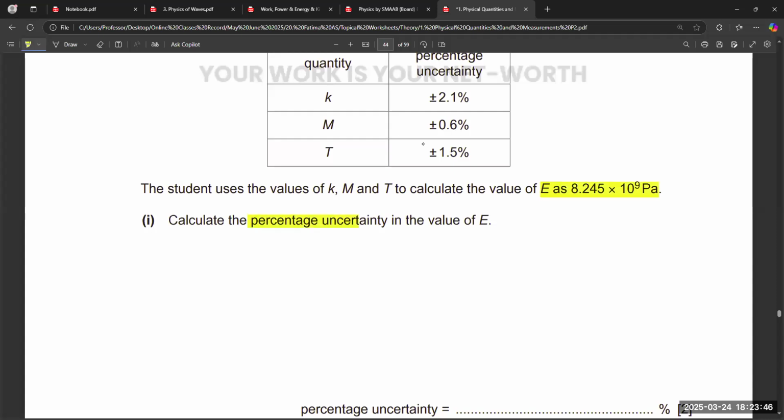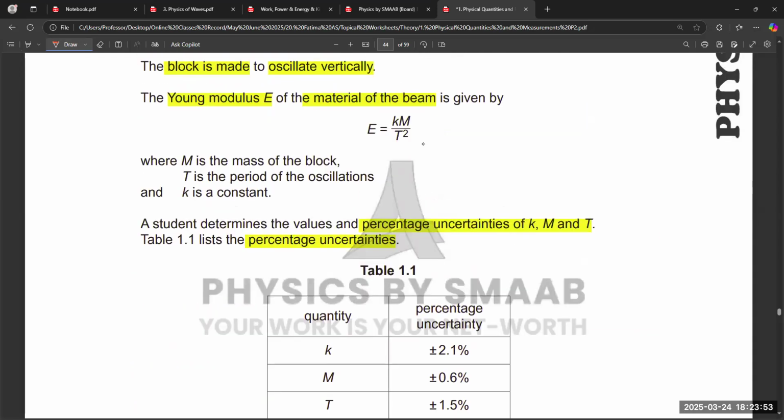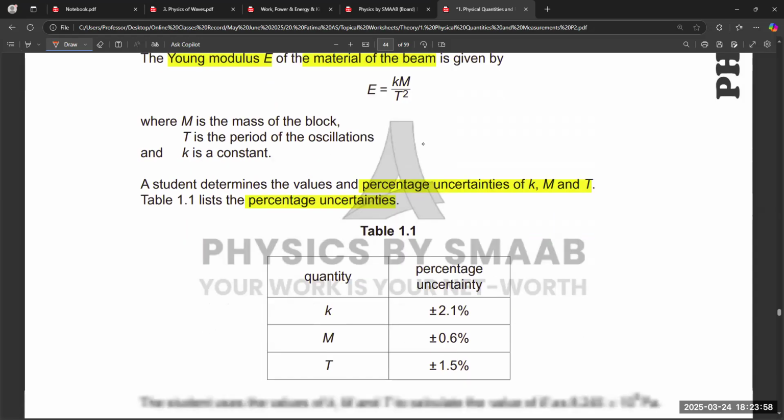And we have to find out the percentage uncertainty in the value of E. So for percentage uncertainty, the equation is E equals Km over T squared.